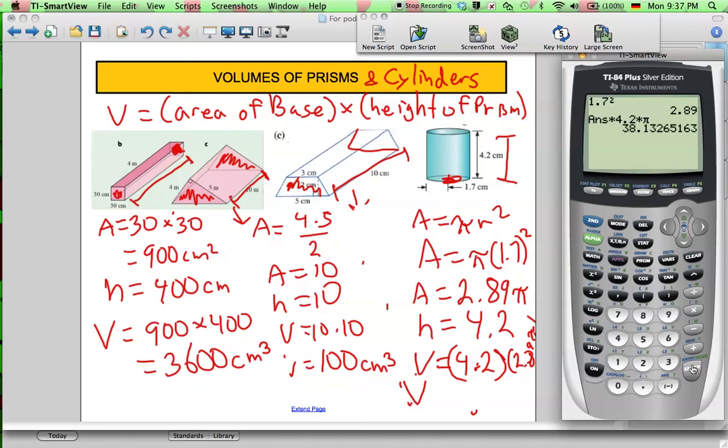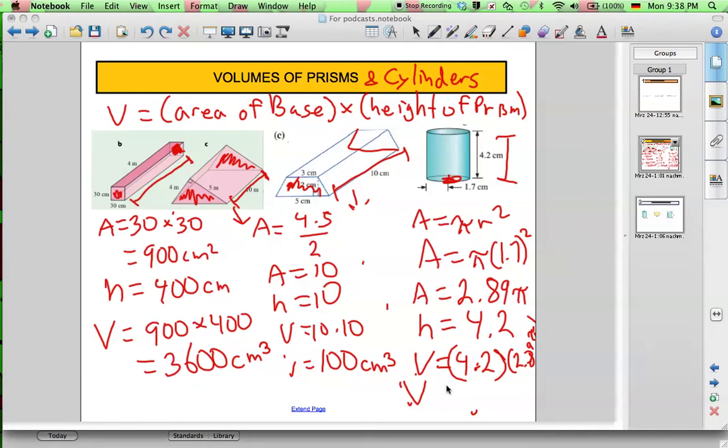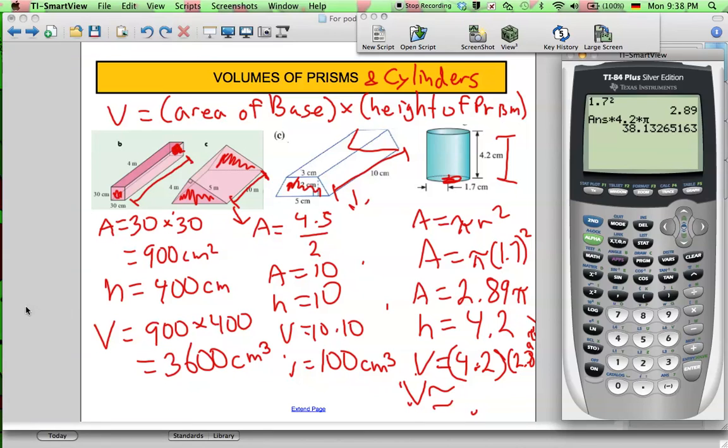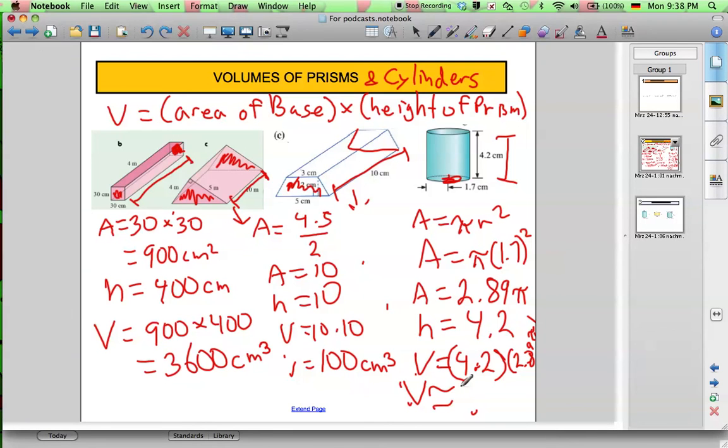So we just type that in and we get about 38.1 cubic centimeters. And that's how you find the volume of prisms and cylinders.